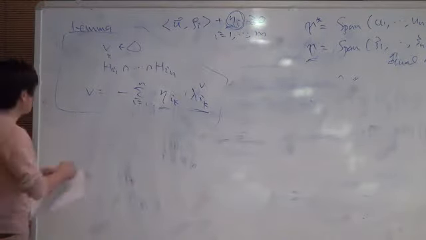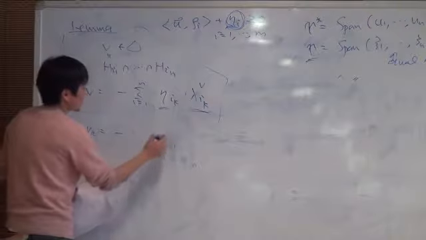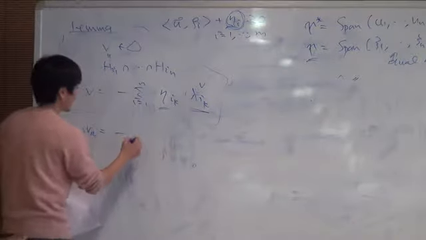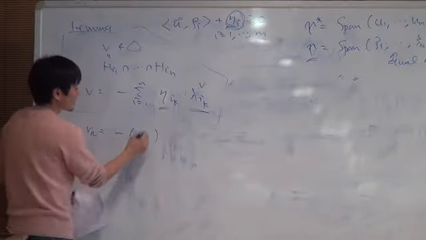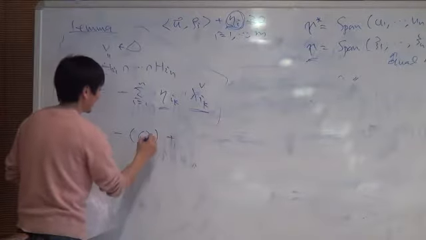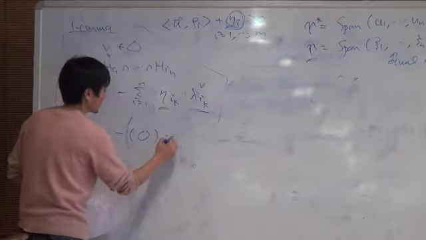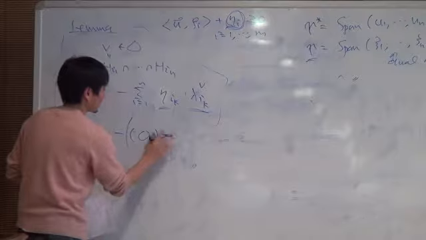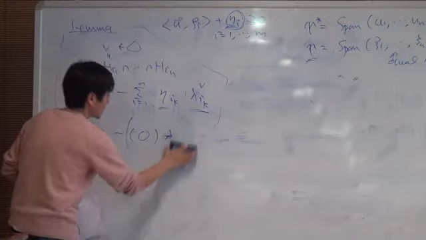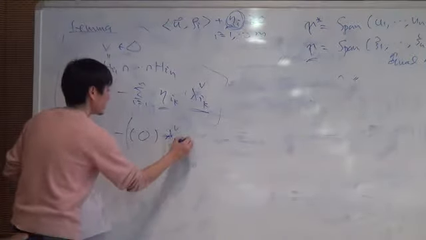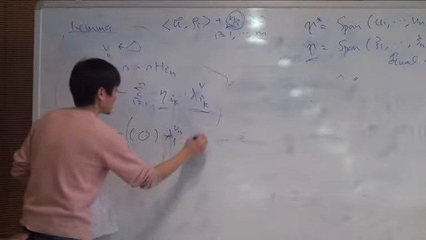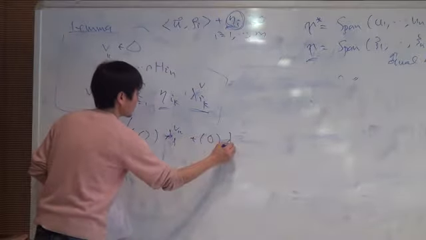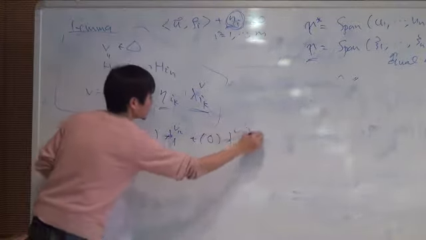V12 is going to be, so you have the eta value is both 0, right? Eta 1 on v12 plus 0 on 2b, so it's anyway 0.